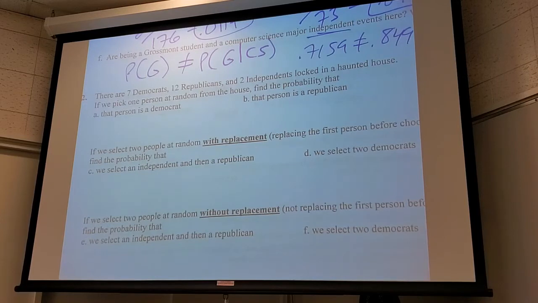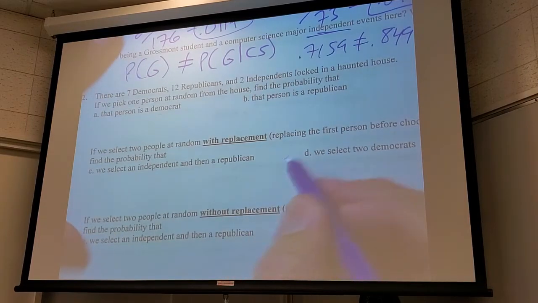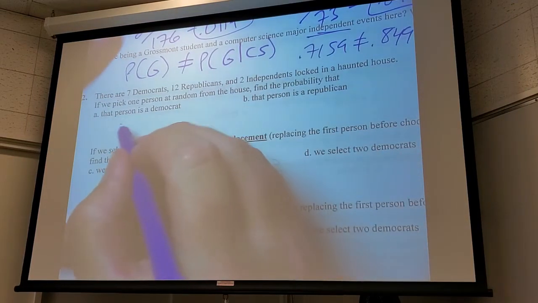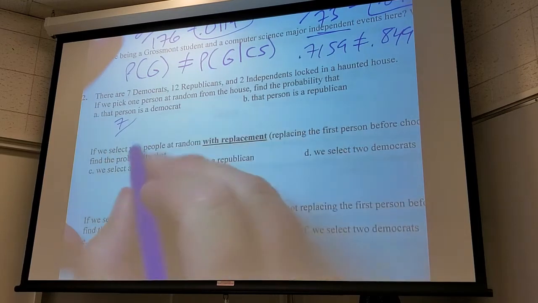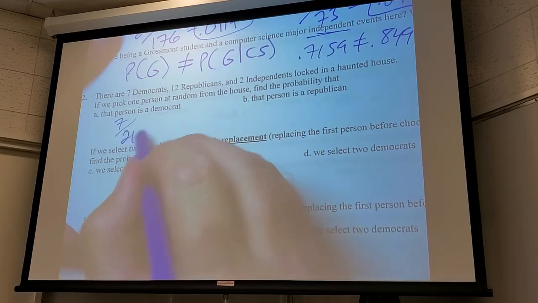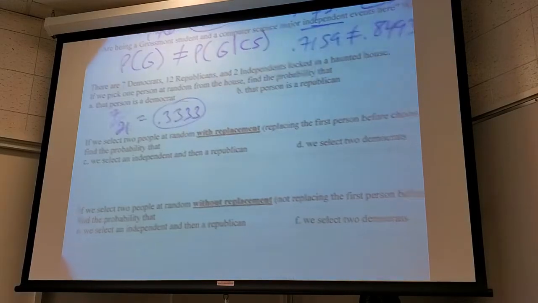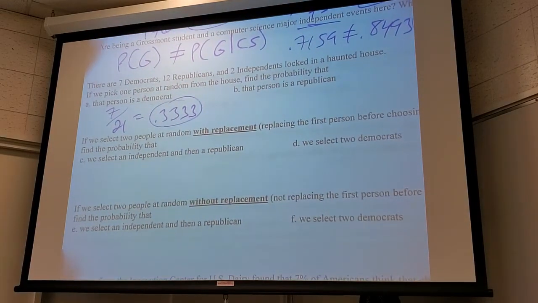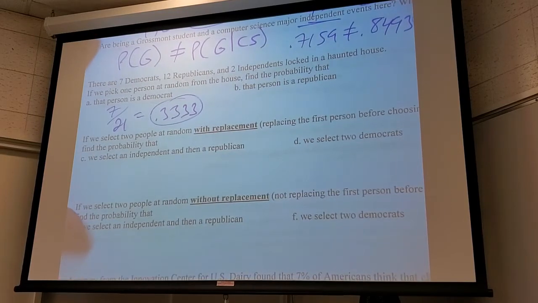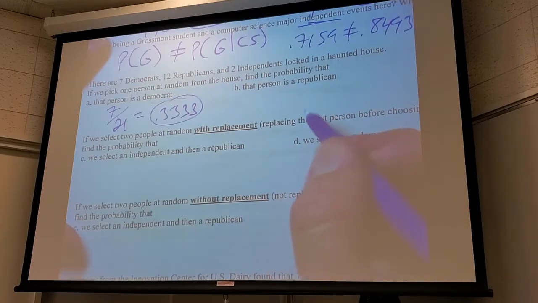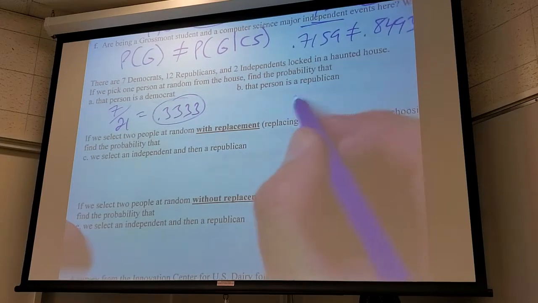We pick one person. What's the probability they're a Democrat? What's the fraction? 7. Pick one person. Yeah, it'd be 7 Democrats, so we get 7 chances out of 21. And that's a nice one. That's 1 out of 3, right? What is the probability that I pick a Republican? 12 out of 21.